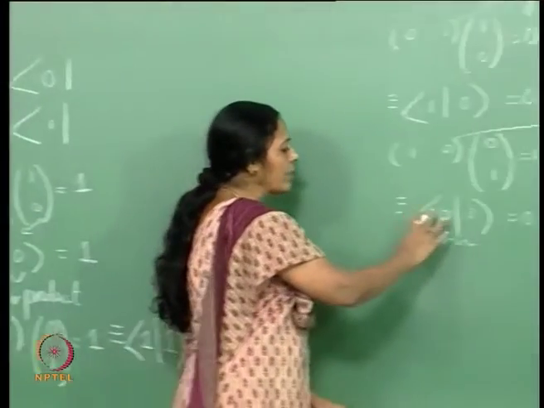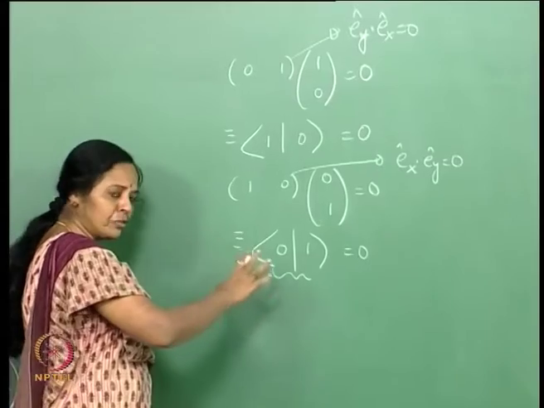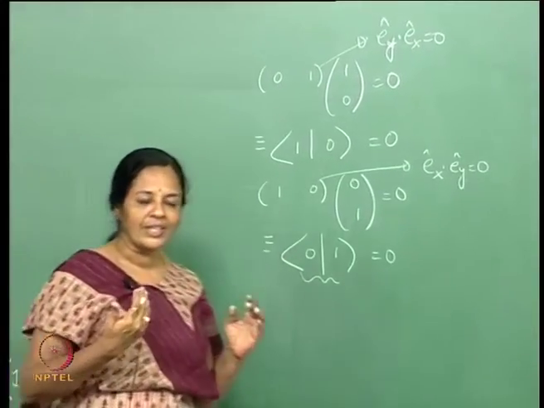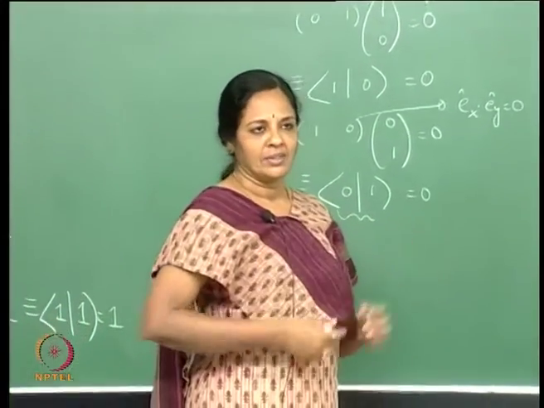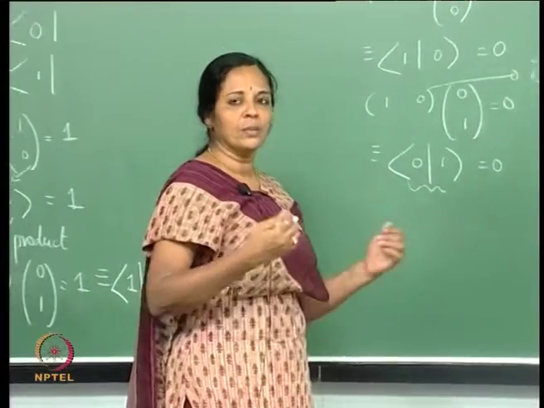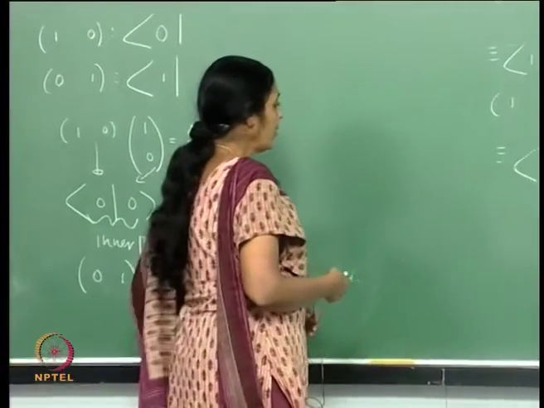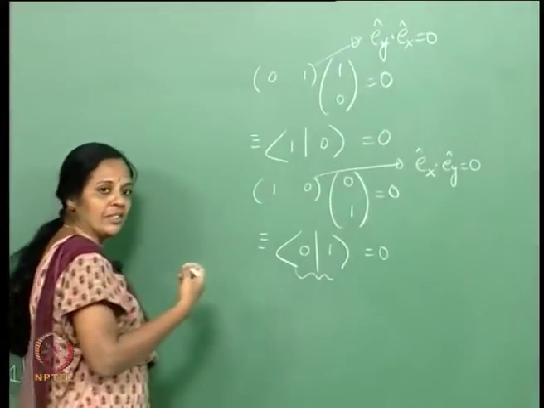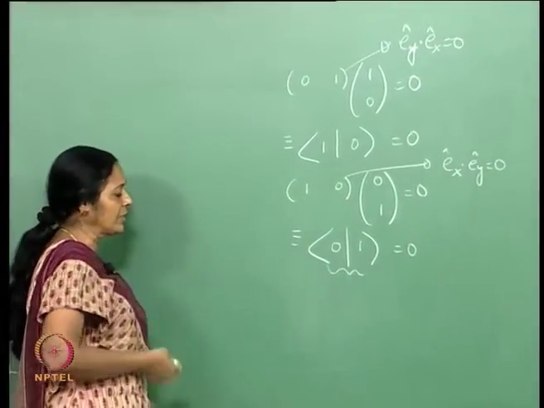And this is a straightforward, powerful, universal notation that I can use for all scalar products or inner products that I form, independent of the kind of linear vector space that I am concerned with.